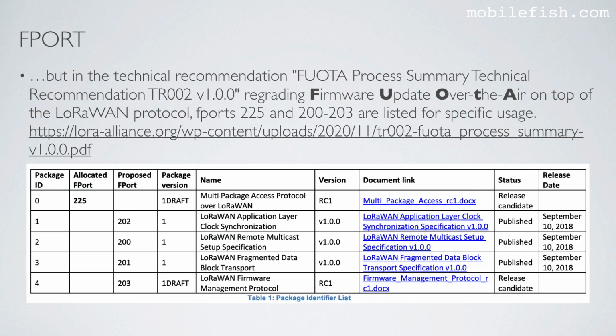But in the FUOTA Process Summary Technical Recommendation TR002 version 1.0.0 regarding firmware update over the air on top of the LoRaWAN protocol, FPorts 200, 201, 202 and 203 are listed for specific usage. This table can be found in this PDF file.